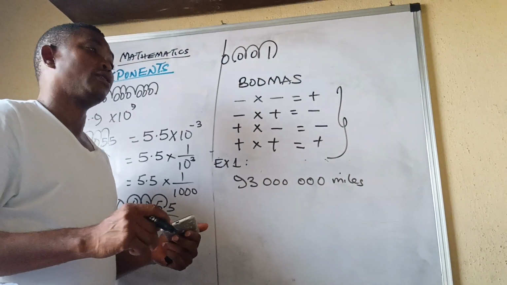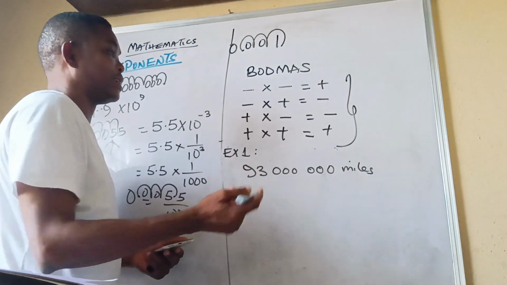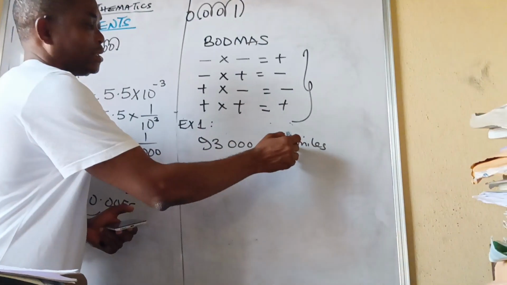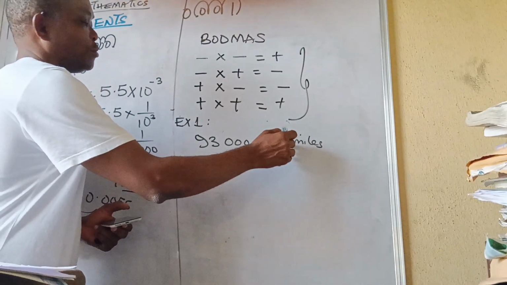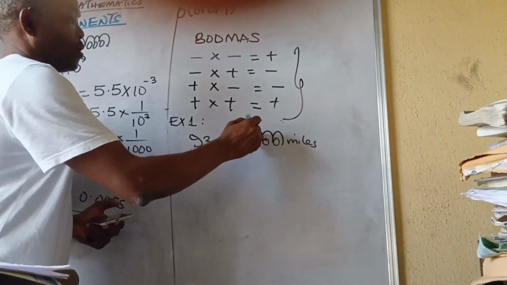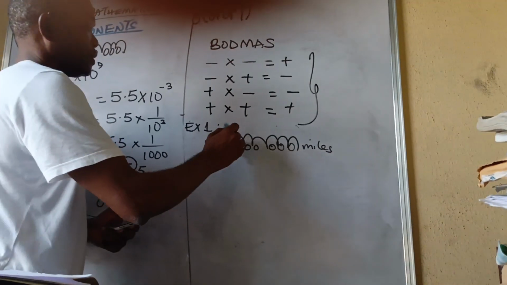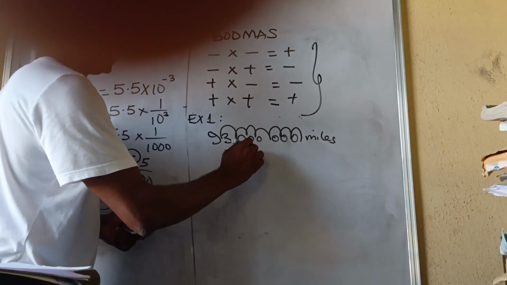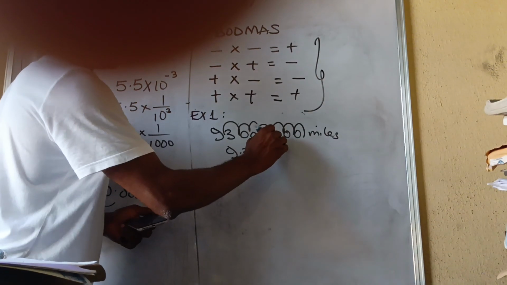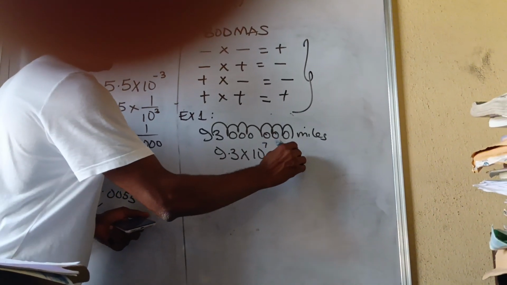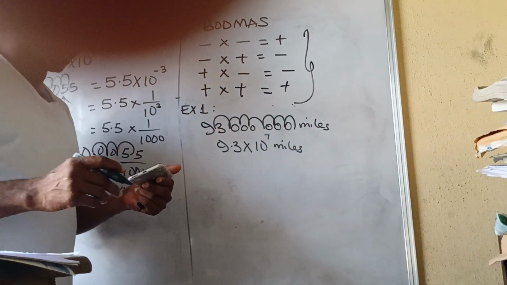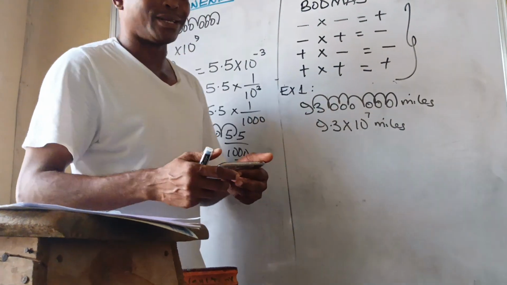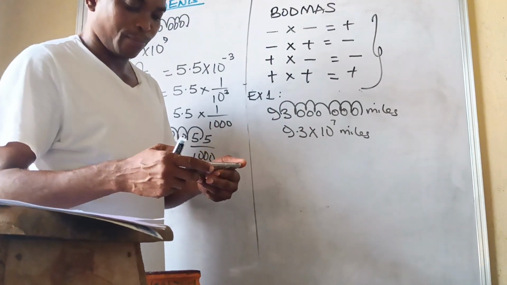Scientific notation meaning that I want to write this in standard form. It's quite easy. Put your pencil or your biro here. Then let's move 1, 2, 3, 4, 5, 6, 7. So that will give us 9.3. Since we have moved 7 times, times 10 raised to the power 7 miles. That's the answer in scientific notation, or simply put, in standard form.